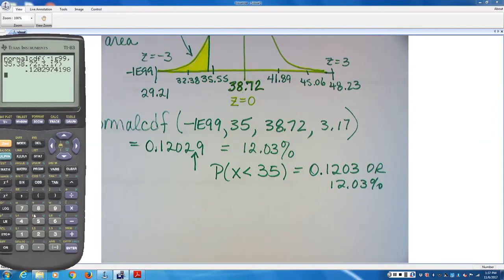On the test will it tell us how to write it, whether it be a decimal or a percentage? I usually will mention in the directions, answer the application problem in a sentence, or I'll put in parentheses after the problem, answer in a sentence, please. But if you're just writing a probability, I say, what is the probability of that? You just write the probability statement. Okay? Does anybody have any questions on that one?